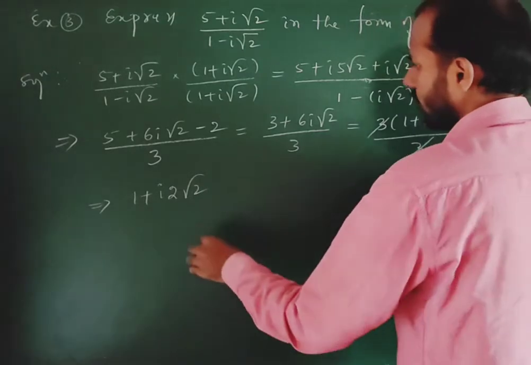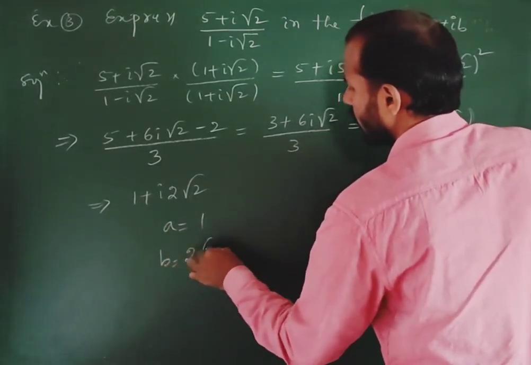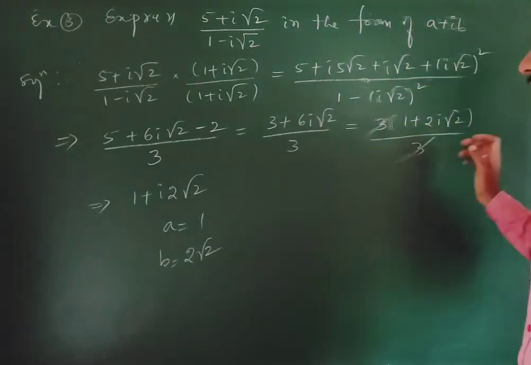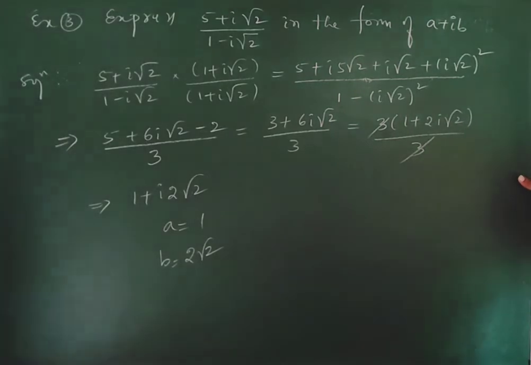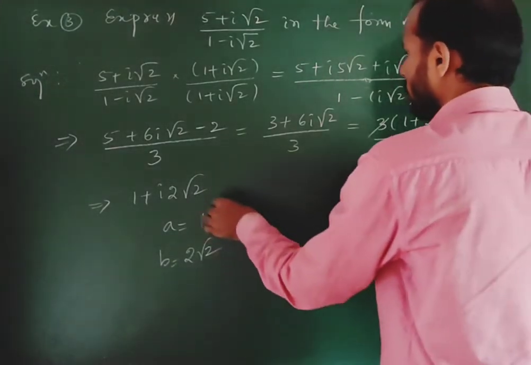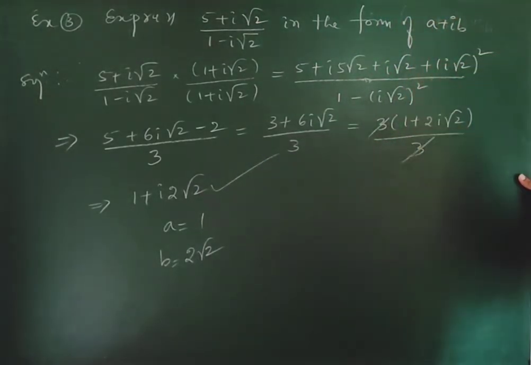Here a is 1, b is 2 root 2, right? Which is in the standard form a plus ib, that is nothing but 1 plus i 2 root 2, the required answer of this question, right?